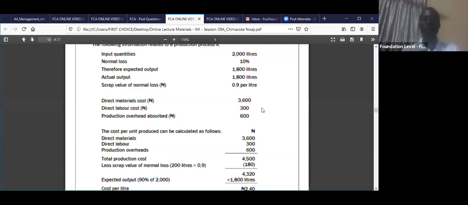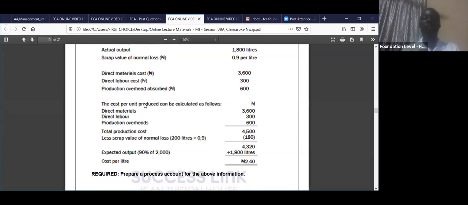So look at what we are going to do now. The 4.5 is still the total production cost. Now, how many was lost? 200 units. 200 units or liters multiplied by 0.9 naira per liter will give you 180 naira. So 180 naira is the value for the scrap. So when you less it, this is what should be charged to the expected good output.